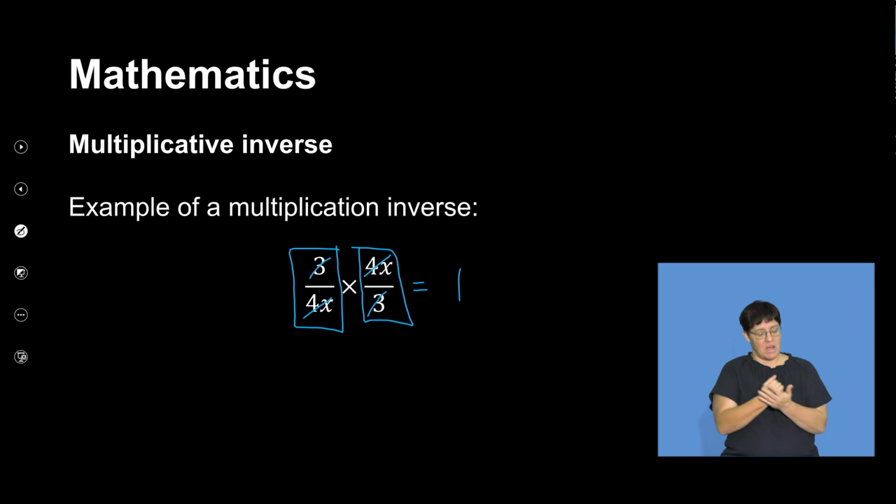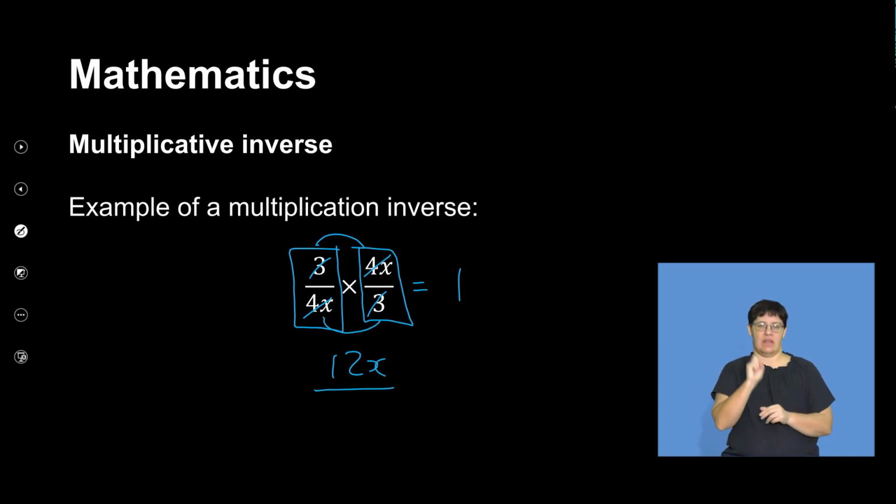Or some people prefer multiplying the numerator with the numerator, which will give me 12x, over the denominator with the denominator, which will also give me 12x, and then my final answer will be 1. So at all times, you must get 1 as your final answer.